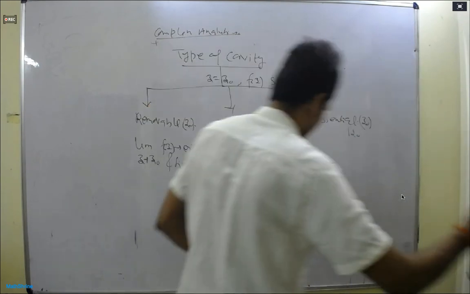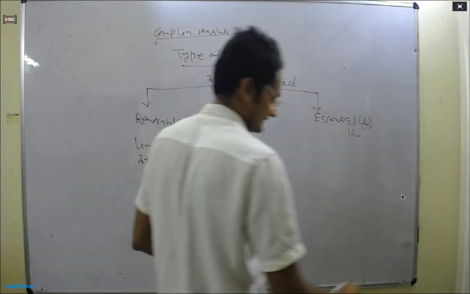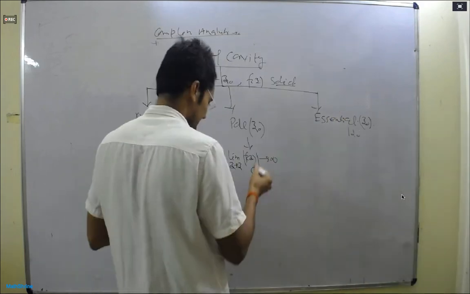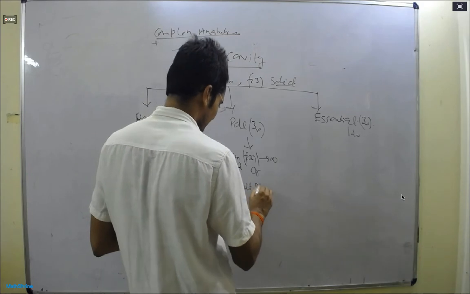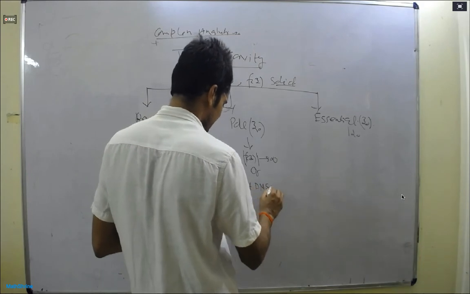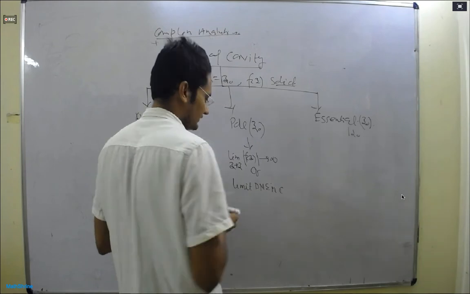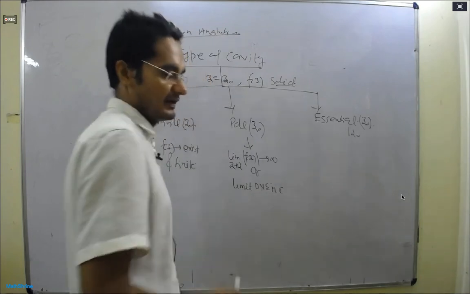Infinity means what? The limit does not exist in C, right? It is the same thing, because this is going to infinity, and infinity is not a complex number.